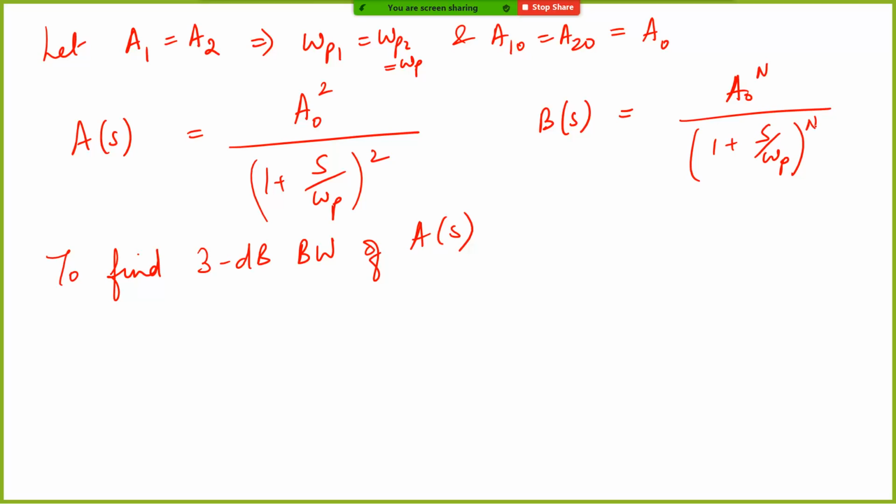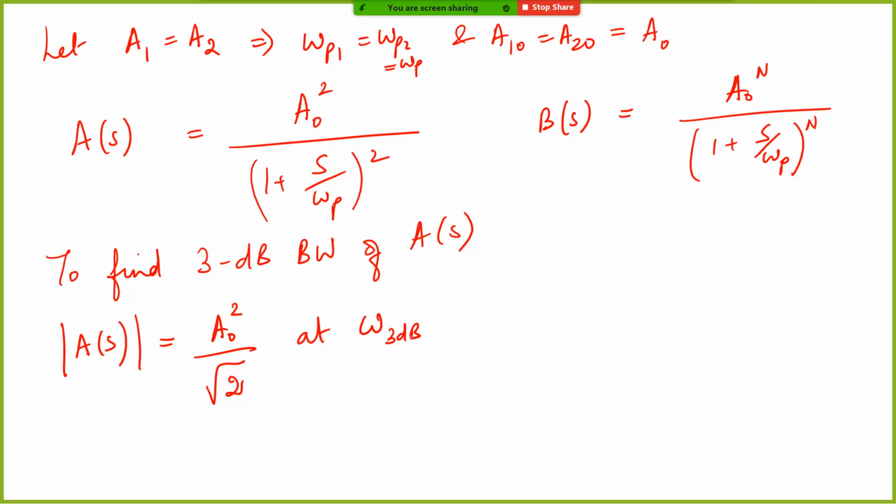What is the 3 dB bandwidth? By definition, that is the place where the gain becomes 1 by root 2. So the magnitude of A of S becomes A naught squared, the overall gain, divided by root 2 at omega 3 dB. So let us equate that.